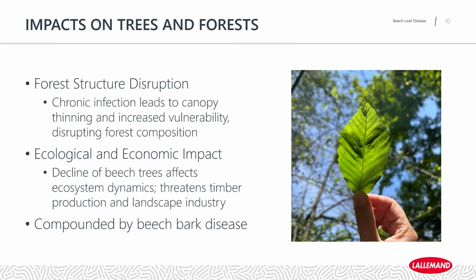This issue is further compounded by the fact that beech are already under a lot of stress and pressure from beech bark disease, which has been present for quite a while on our landscape to varying degrees depending on the geography. So in summary, beech leaf disease has quite a big impact on individual trees and the landscape and ecosystems alike.